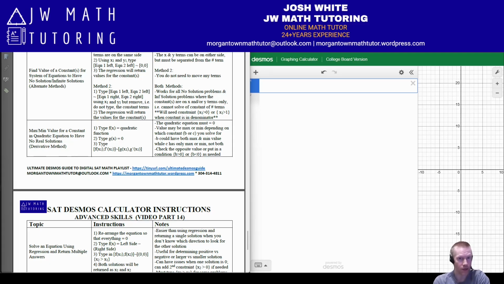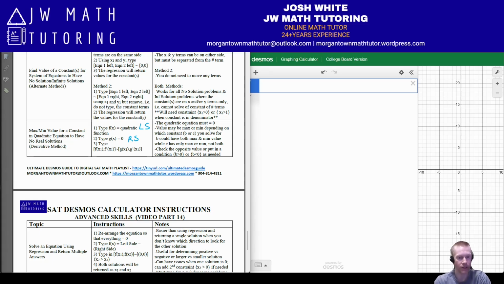First, technically g of x does not need to equal 0. You can set it up such that f of x equals the left side of the equation and g of x equals the right side. So you do not need to actually move the terms over, and you can still go through the exact same process and it'll work.